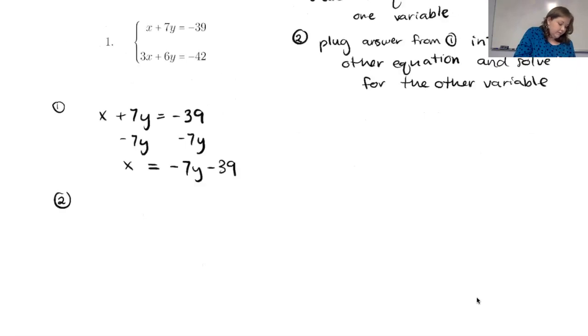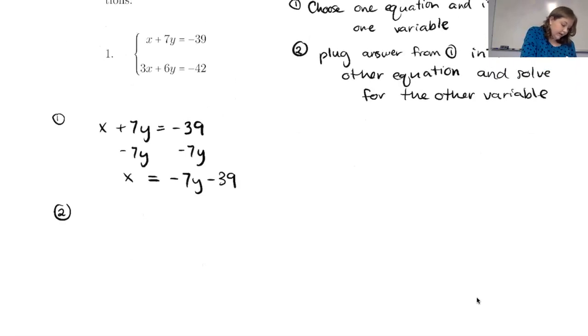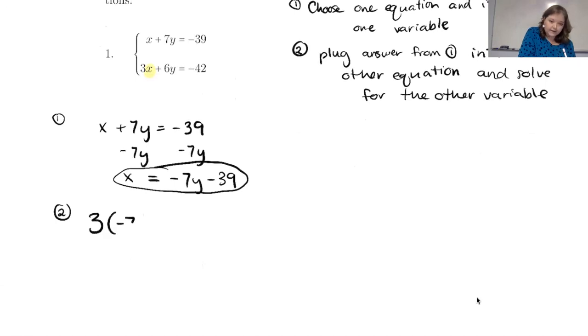So in step 2, I'm plugging in x equals -7y minus 39. I'm putting it in for this x here in the second equation. So 3 times x is going to be 3 times (-7y minus 39) plus 6y equals -42.